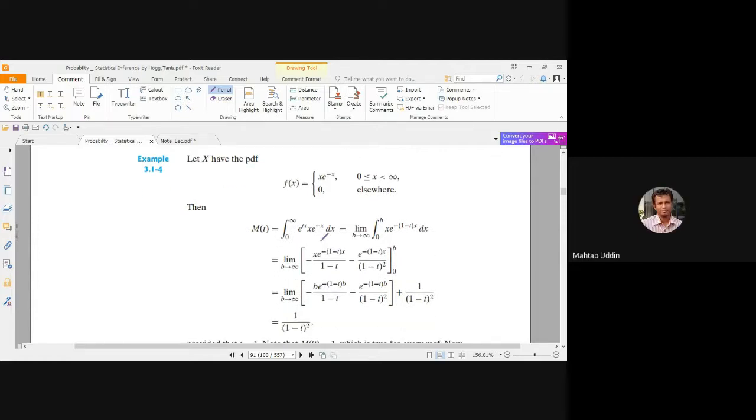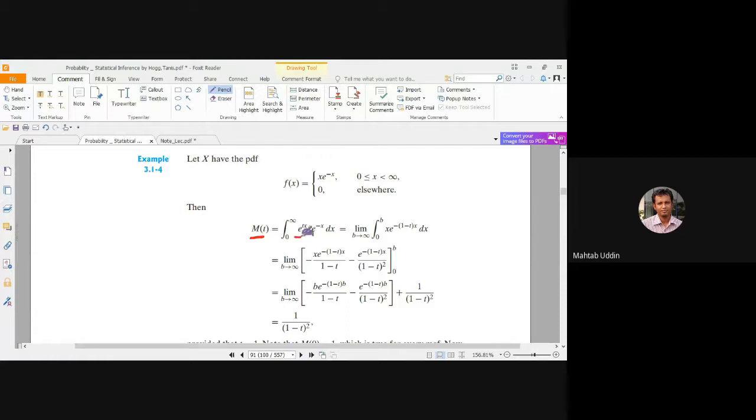Now there are 3 hard maths, continuous hard maths. They have said X has the PDF x e to the power minus x between 0 to infinity and 0 otherwise. We have to find the moment generating function, then using the moment generating function, the mean and variance. So what is the moment generating function?